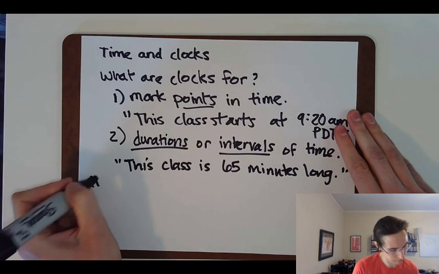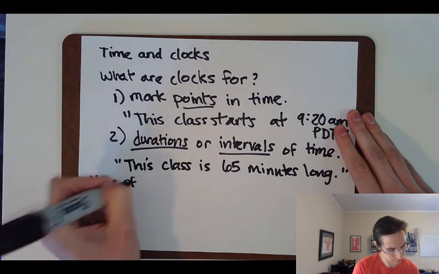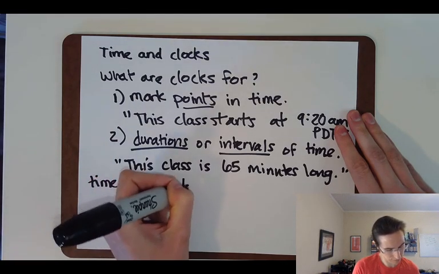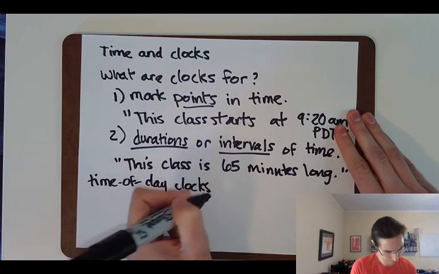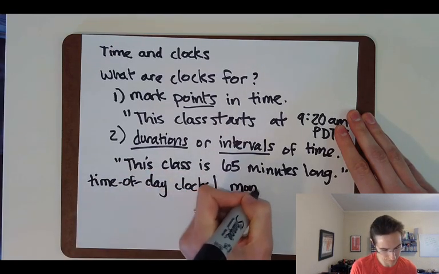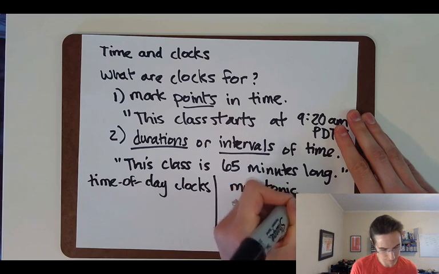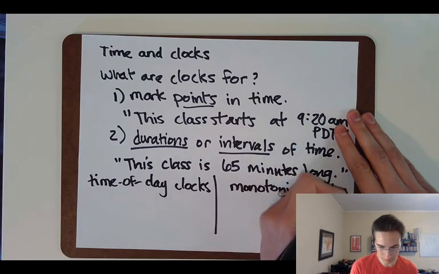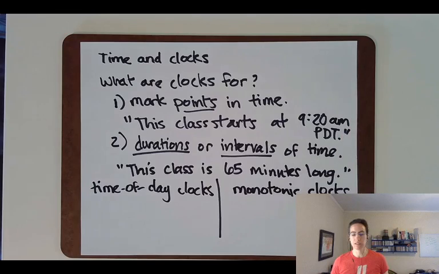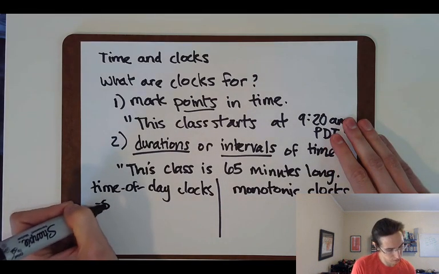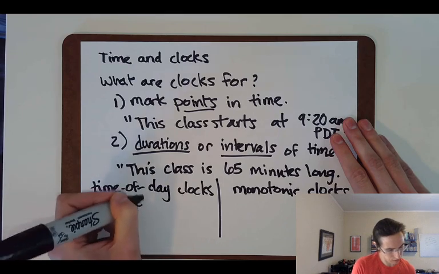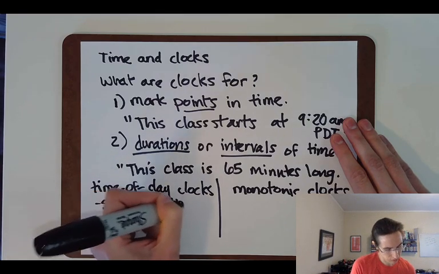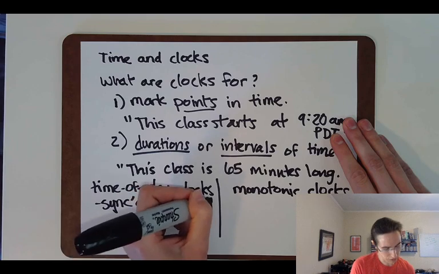A time of day clock tells you what time it is. It's usually synchronized between machines using NTP, which is the Network Time Protocol.